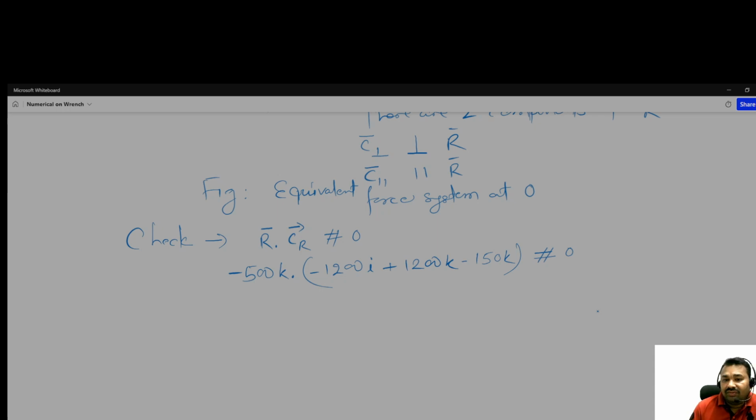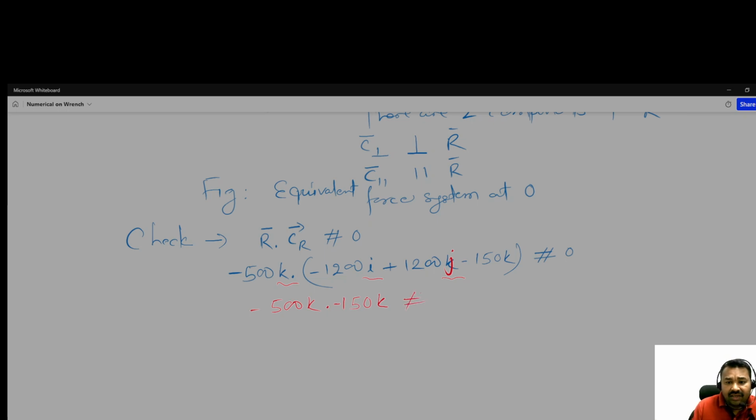Okay, so we can check here. By mistake I have written this as I instead of J. So K multiplied with I gives 0, K multiplied with J gives 0, and minus 500K multiplied by minus 150K is equal to what?